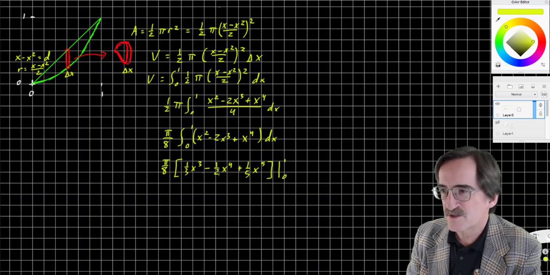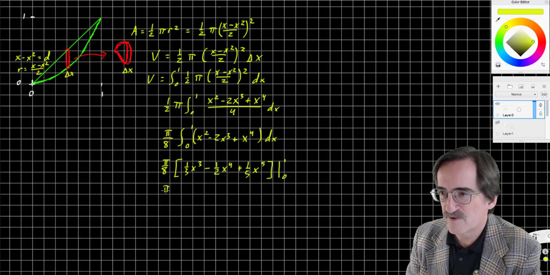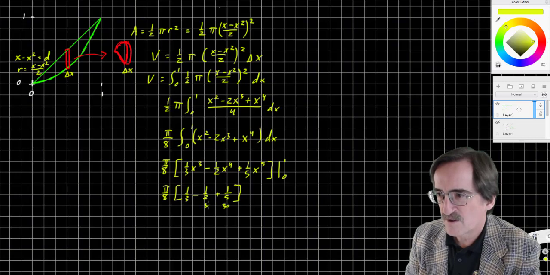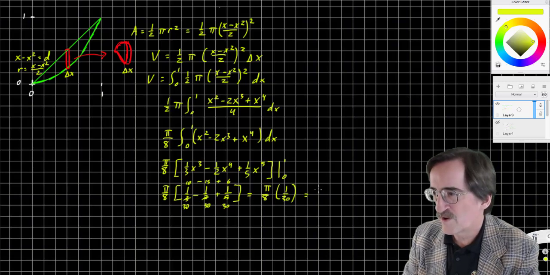And when I insert 0, I just get out 0. So this is literally pi over 8 times (1/3 minus 1/2 plus 1/5). Get a common denominator, 30 in this case. That's 10/30, 15/30, 6/30. So 10 minus 15 is -5, plus 6 is 1. So this is pi over 8 times 1/30, or we get pi over 30 times 8, 240.